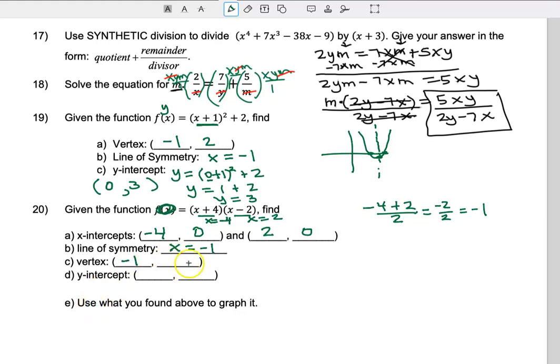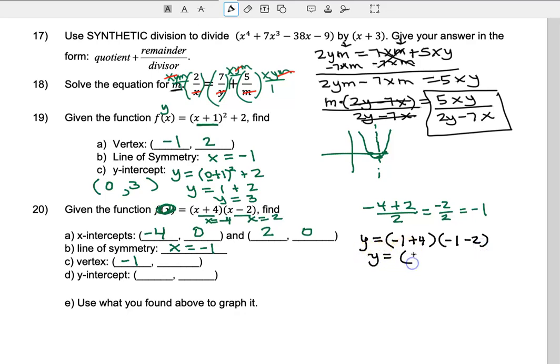vertex. To find my y value, I just need to put -1 back up into that original equation there. So let me do this. If I have y equals, going back to this, x plus 4, so in place of x, I'm going to put the -1 plus 4, and then times x minus 2, so -1 minus 2.